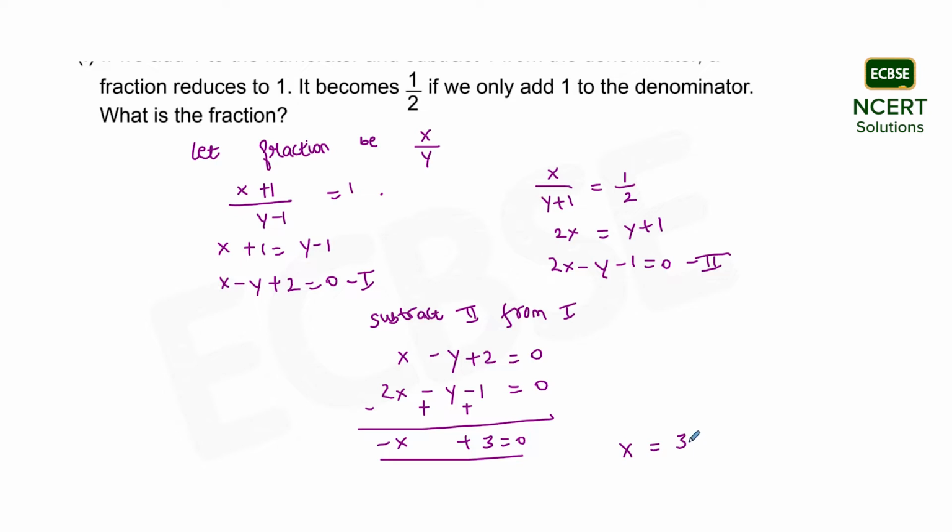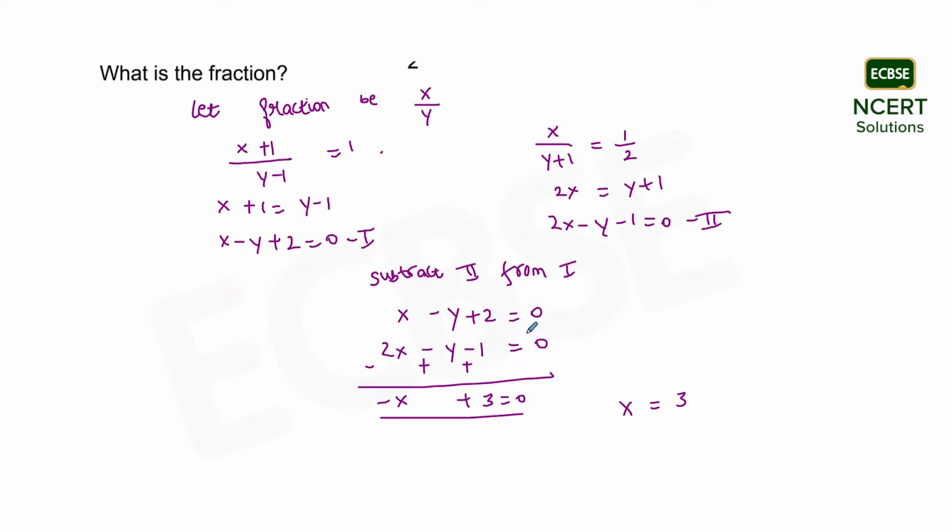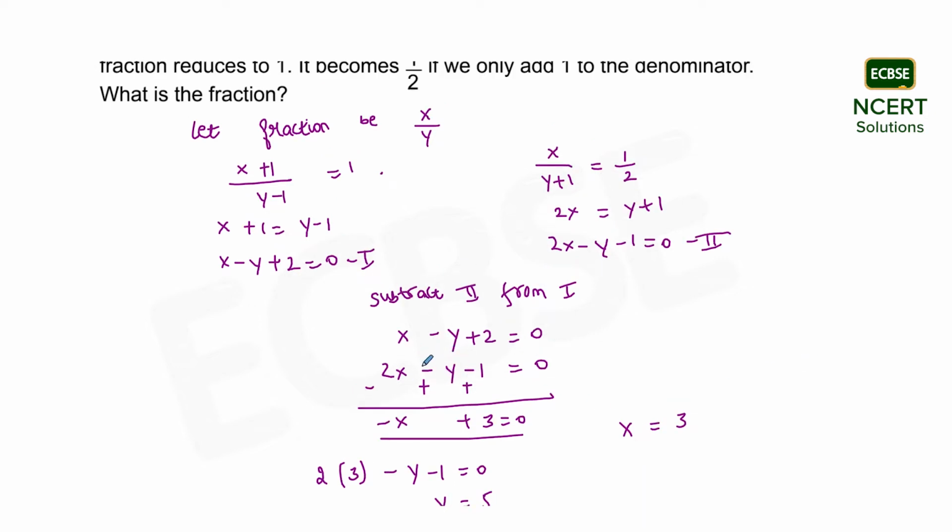Now substitute this value of x in any one of the equations, either first or second, the choice is yours. Let us substitute this value of x in the second equation. So here it will be 2 into 3 minus y minus 1 is equal to 0. From here, the value of y comes out to be equal to 5. So we have obtained the values of both variables x and y.